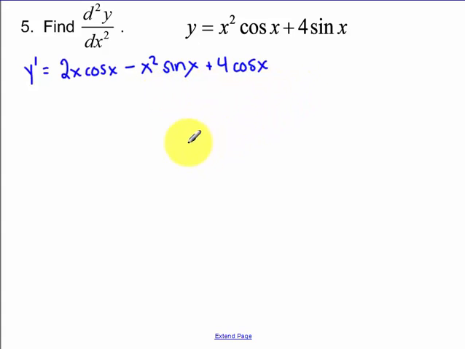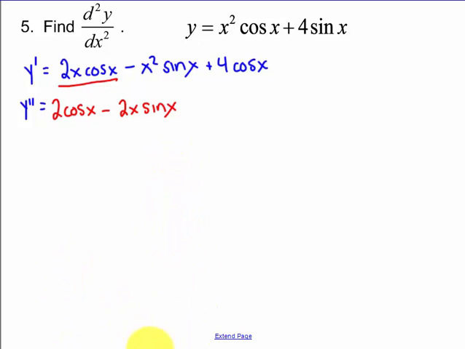Okay, now your second derivative is where this gets a little crazy. Okay, so this is a product rule. So we have to do that product rule. Derivative of the first, leave the second alone. Plus, leaving the first alone, derivative of the second is negative sine x. So I go with my eraser, and I put in my negative.